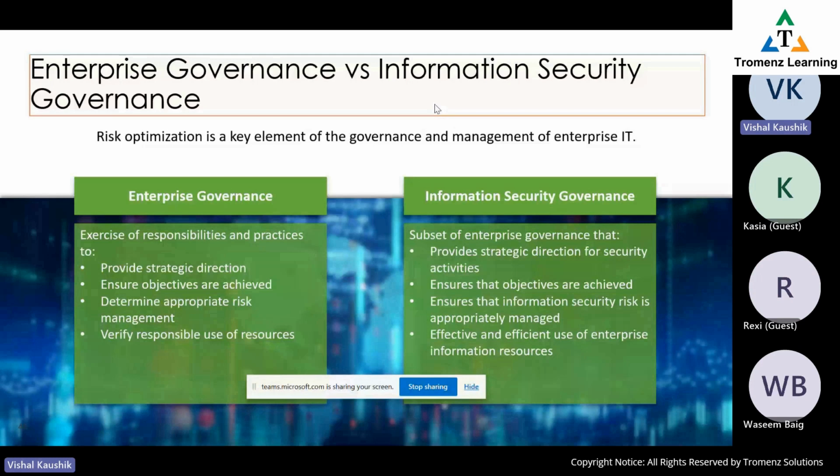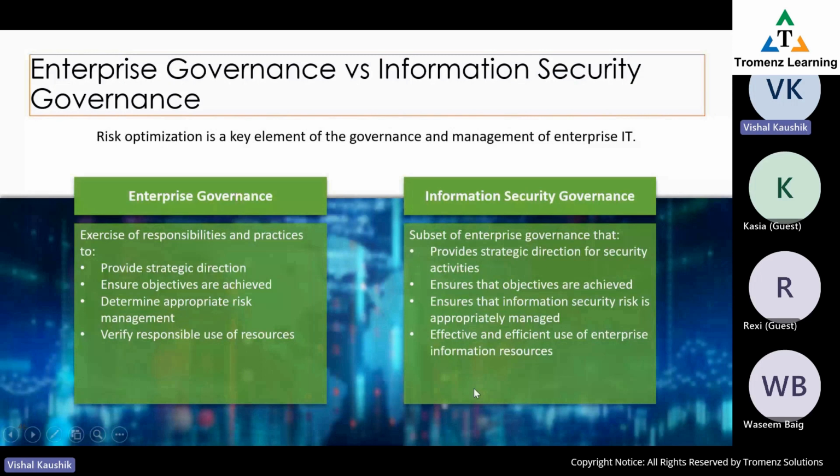And since we are looking at information security management, there are elements that we need to be clear about and be able to differentiate as we continue with the program. So one of which is enterprise governance versus information security governance.